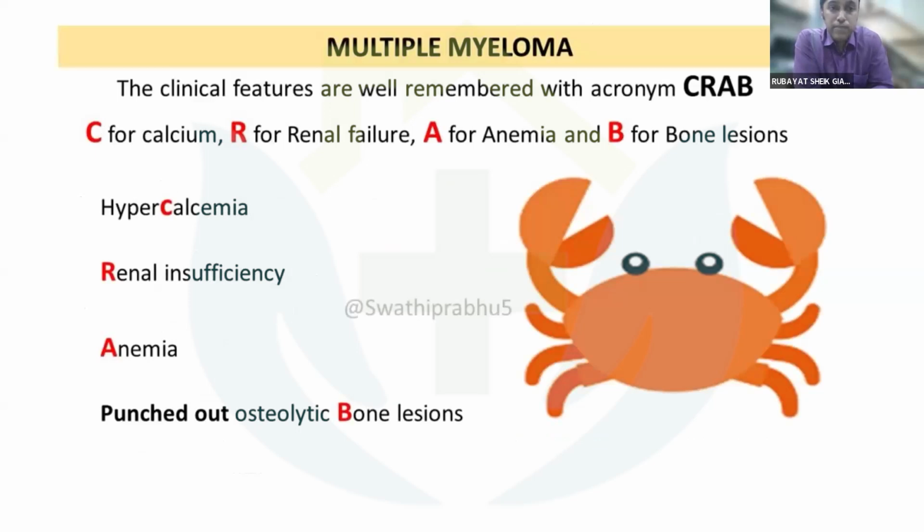C for hypercalcemia, R for renal impairment, A for anemia, B for osteolytic bone lesions, okay? The typical bone lesions that we see in multiple myeloma. So this is a mnemonic to remember the symptoms of multiple myeloma. You will have features of hypercalcemia, features of renal failure, features of anemia, and you will have bone pain.